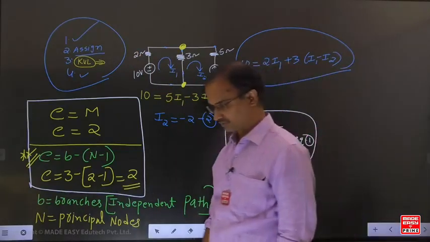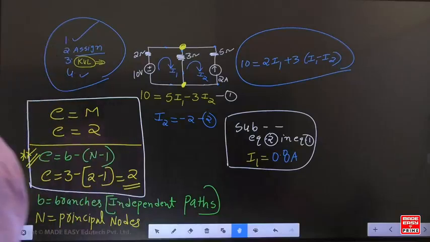Write one note. In the above network, to find the loop currents, minimum one equation is required.